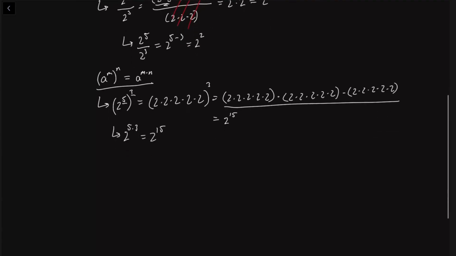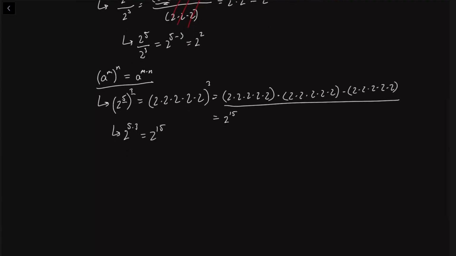Now, an important note to remember, if you have some variable to something times a different variable to something else, you can't do these rules. It has to have the same number on the bottom, like your base has to be the same no matter what. And also, if you have a to the m plus a to the n, or a to the m minus a to the n, there's no rules that you can use for this.